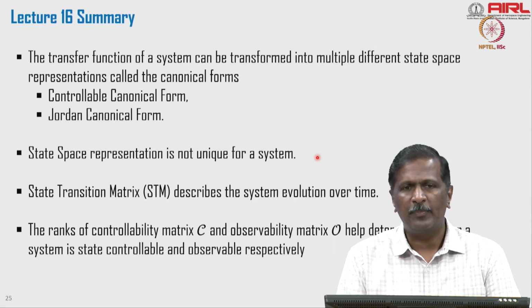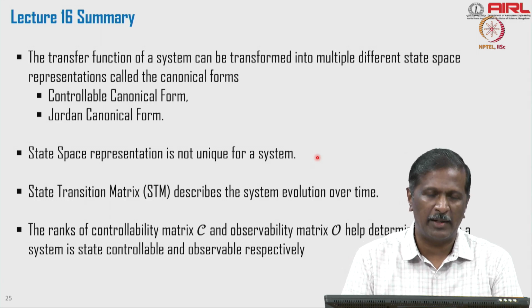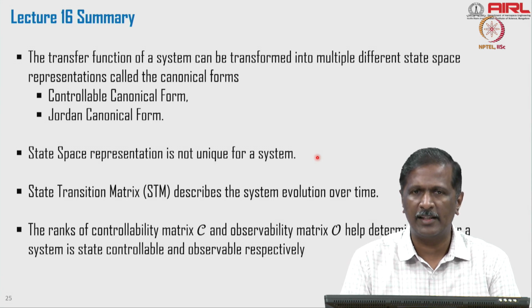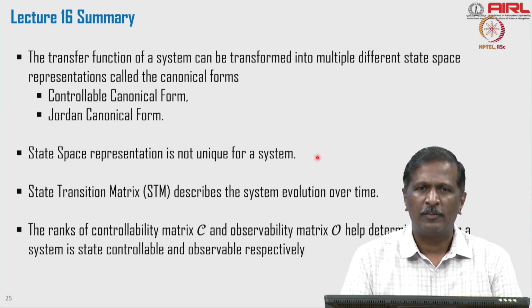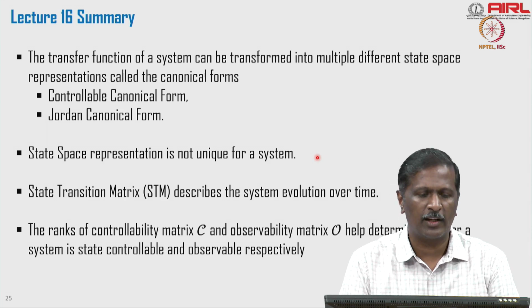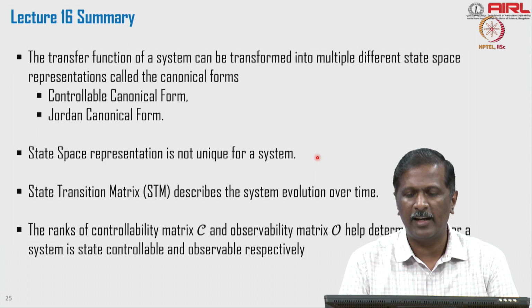In summary, this particular lecture introduces the concept of different forms of representation, right. From a transfer function, one can represent the system in a controller canonical form or Jordan canonical form, right.